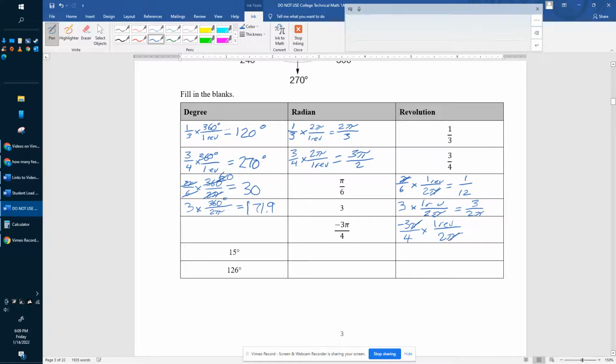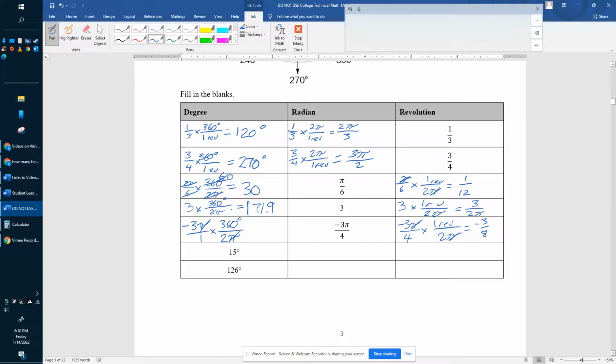Pi is going to cancel out, and we'll get negative 3/8 of a revolution. How about converting it to degrees? Negative 3 pi over 4 times, we need degrees on top because that's what we're converting to. Radians on the bottom.